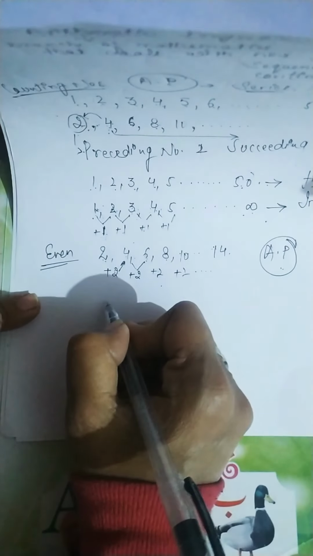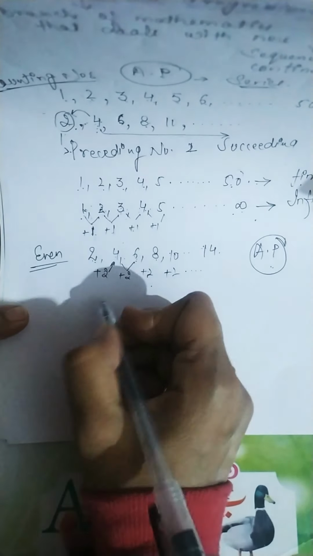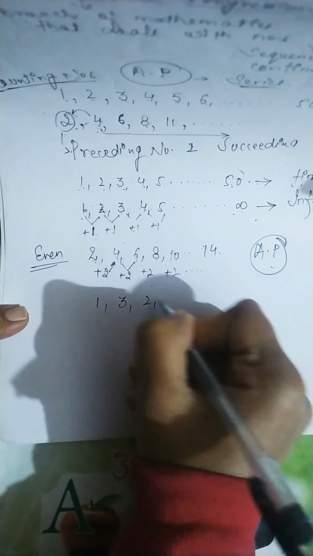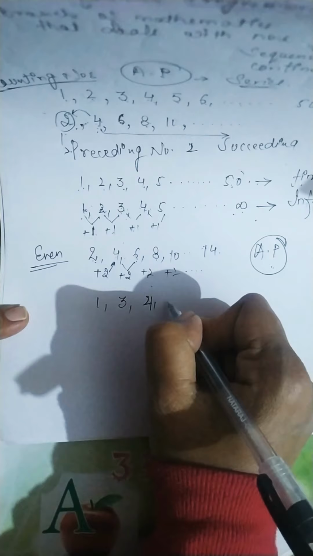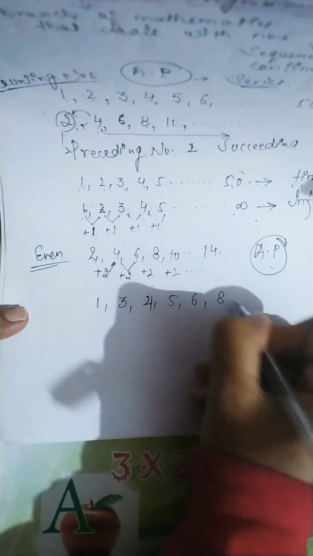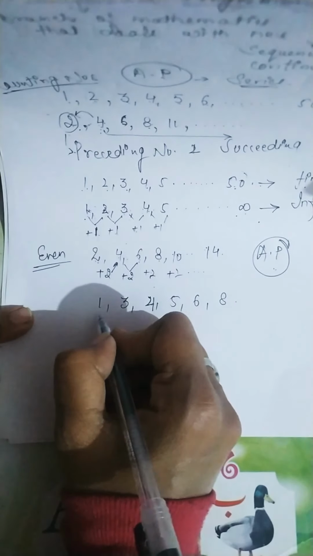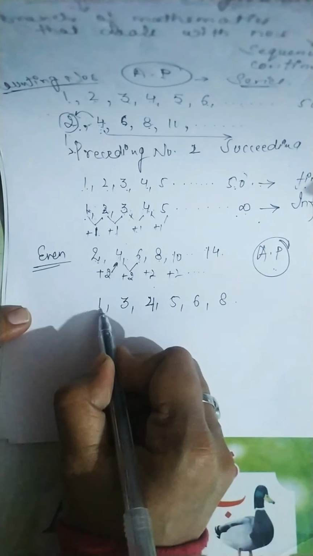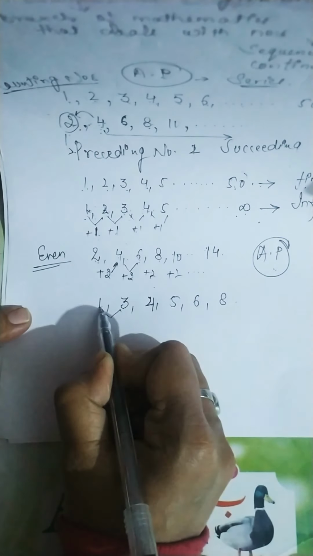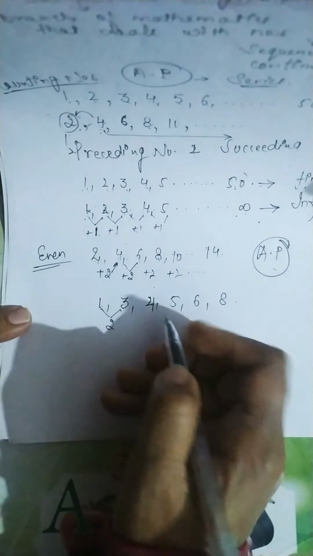Let's take an example of another series. Like if I take 1, 3, 2, sorry, not 2, I'll take 4, then 5, 6, 8. Okay. What we'll notice here is that this number is 1, this is 3. Here the difference between 3 and 1 is 2.